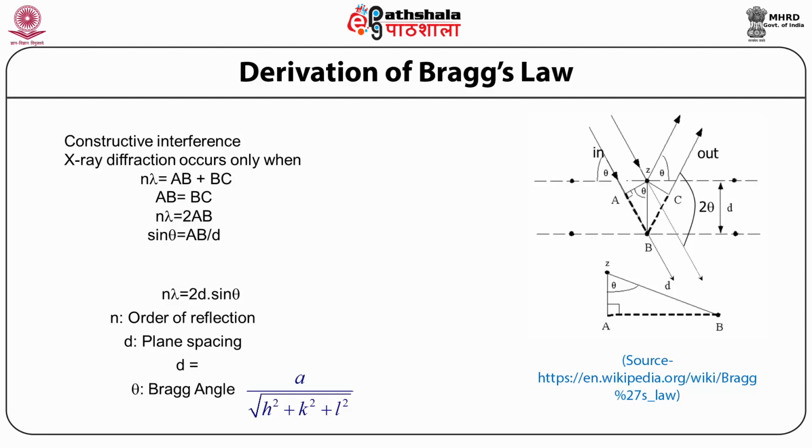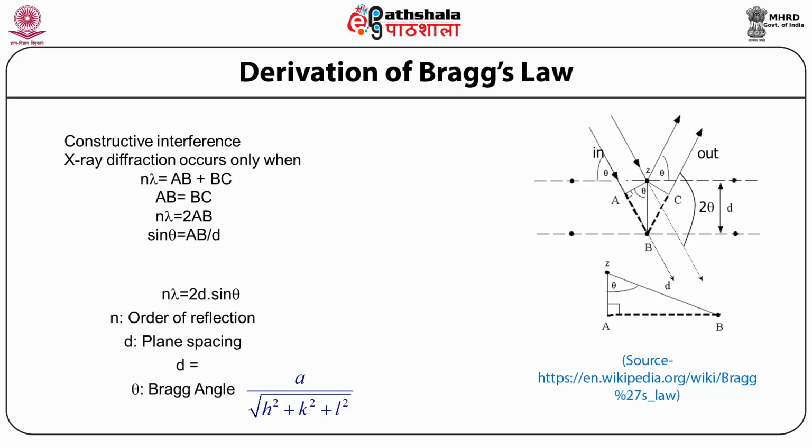So we can say n lambda is equal to AB plus BC. Recognizing d as the hypotenuse of the right triangle ABZ, we can use trigonometry to relate d and theta to the distance AB plus BC. The distance AB is equal to d sin theta, because AB is equal to BC.